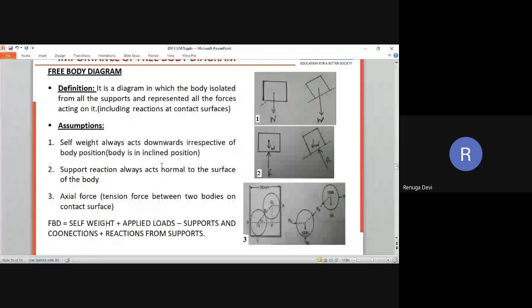You just see here, the body weight is acting downward. You should know the difference between how the weight is acting downwards and how the reaction is acting. So the body weight is always acting down. If the body is inclined, at that time also the body weight is acting down.